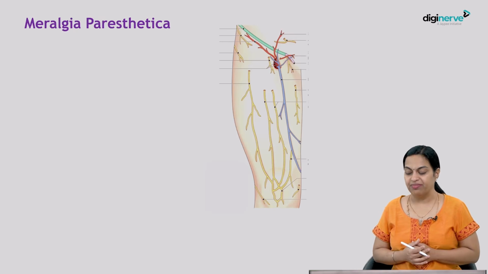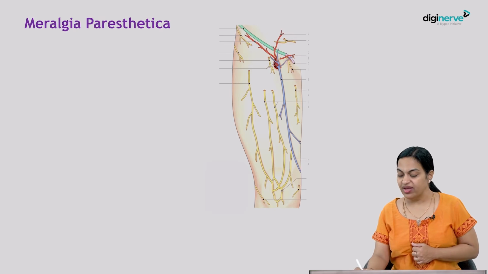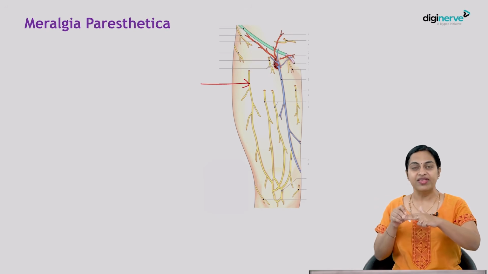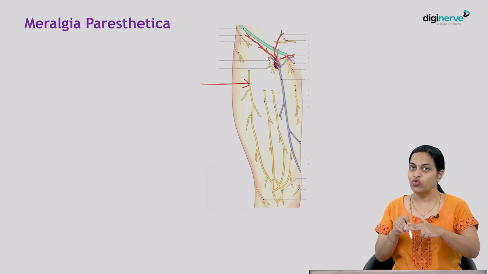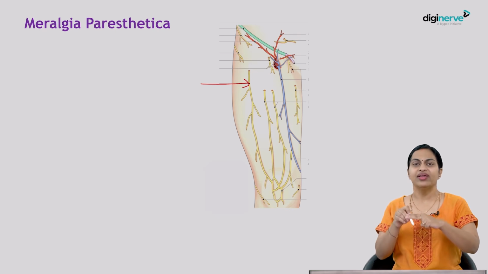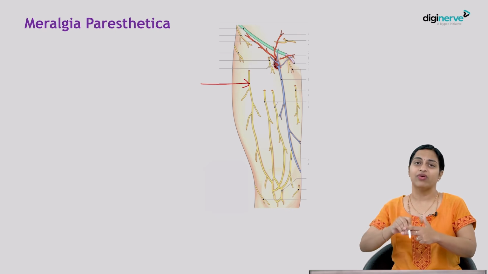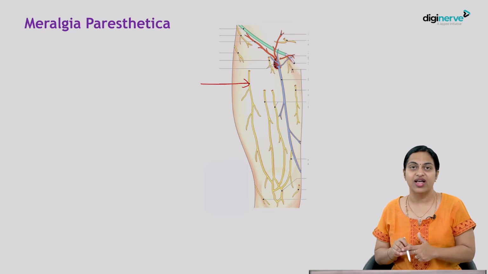Now what can happen is, sometimes this lateral cutaneous nerve of thigh, while it is passing beneath the inguinal ligament, just medial to the anterosuperior iliac spine, can get compressed, or it can pass between the fibers of the inguinal ligament to reach the thigh.